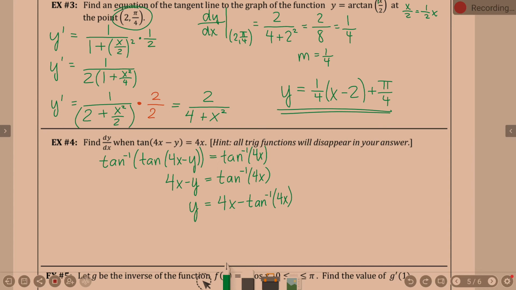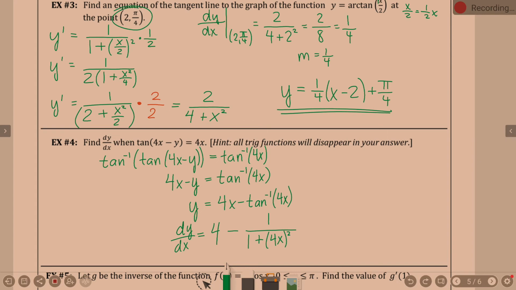Okay, derivative of y, dy dx. Derivative of 4x, 4. Minus derivative of tangent inverse of something, 1 over 1 plus something squared times the derivative of something.